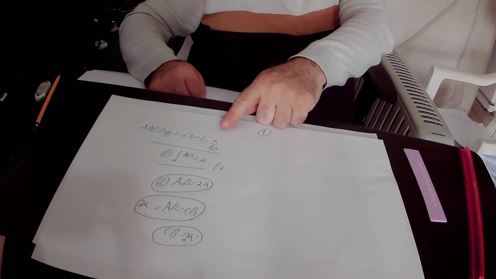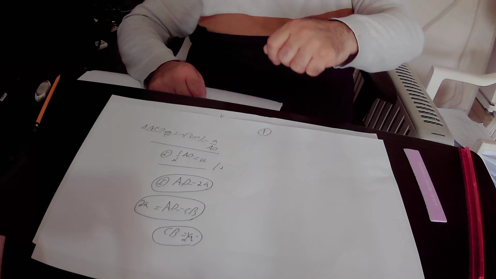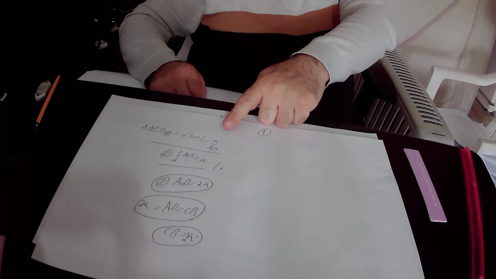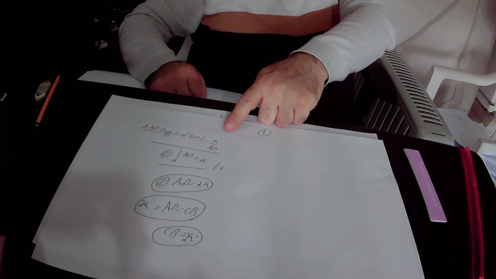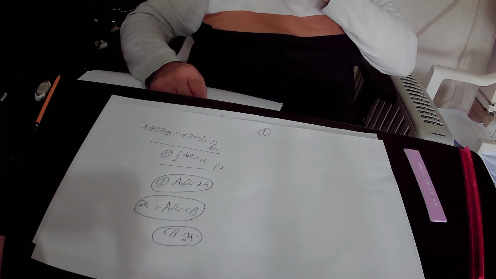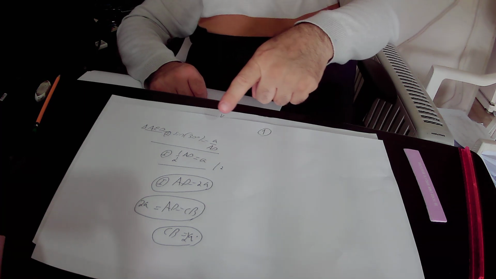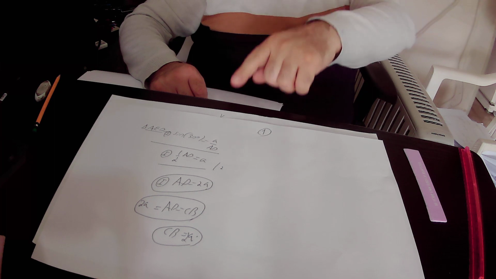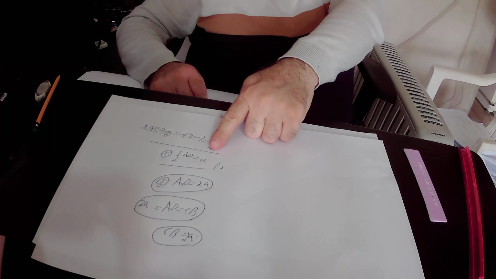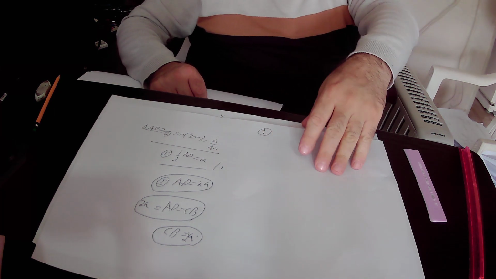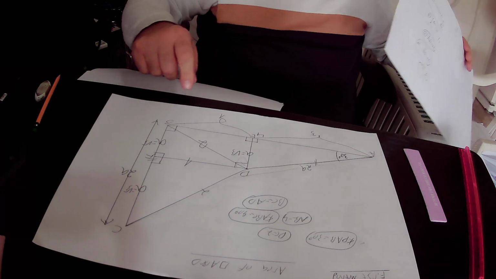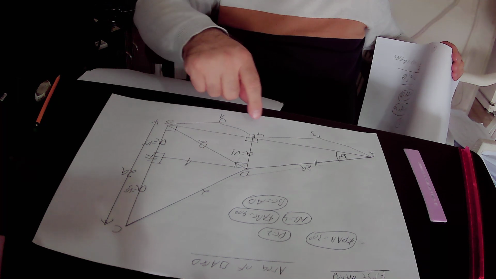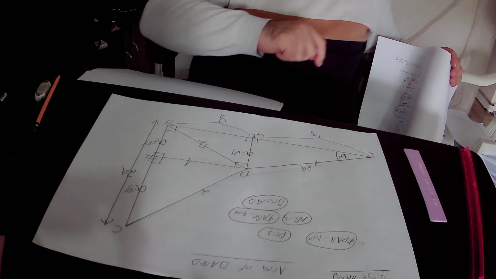But sine 30 degrees is 1 over 2. And we multiplied this equation by AD, and we got that AD times 1 over 2, that is sine 30 degrees, equals A. Then we multiplied this equation number 1 by 2, and we got that AD equals 2A.